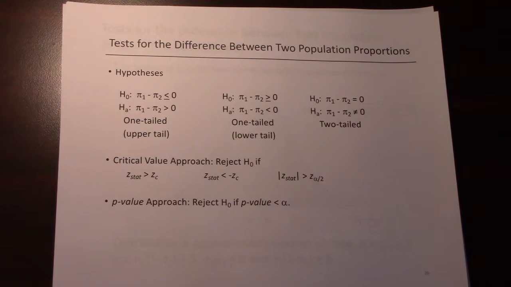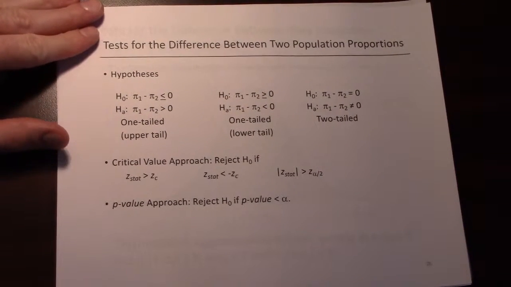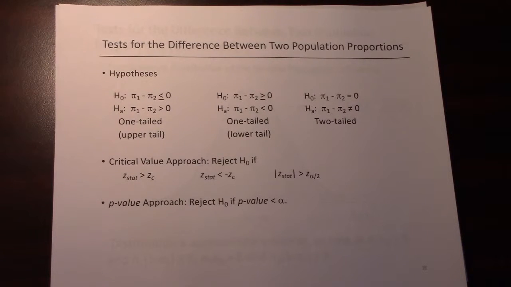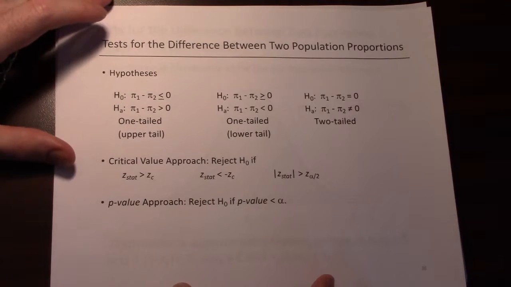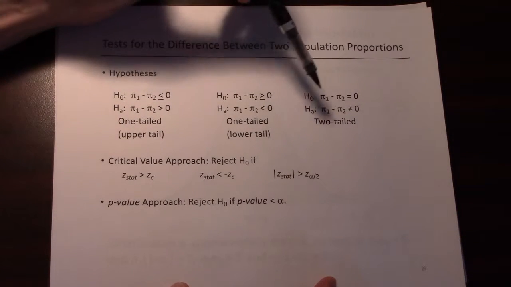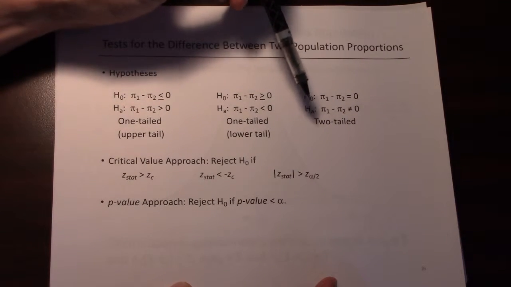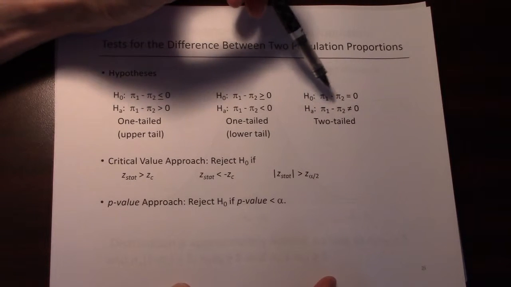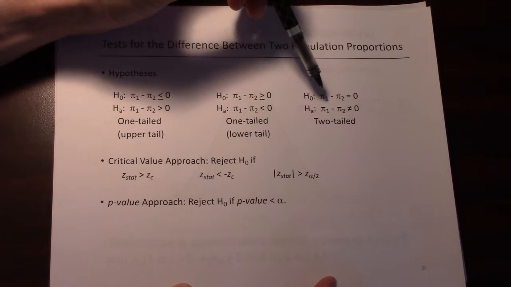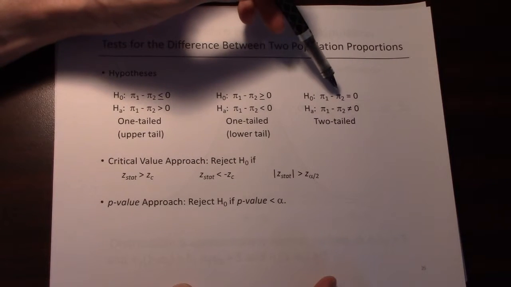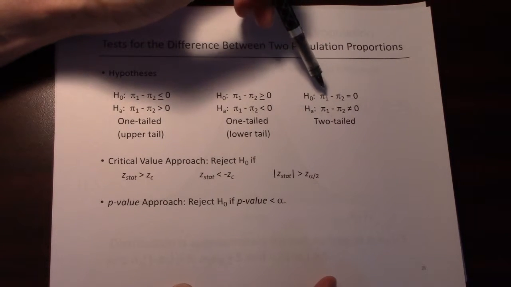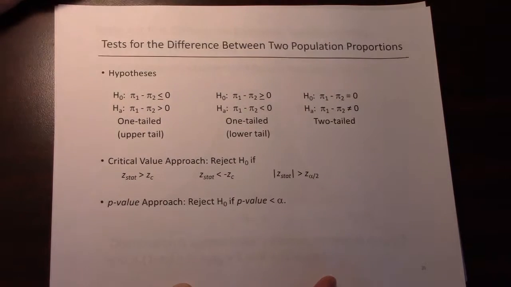Alrighty, so here we are with the last topic, test for differences between two population proportions. Let me go straight to the two-tailed test. Suppose someone tells us that there's no difference between one population proportion and the other population proportion, so when we subtract one from the other, we get 0.